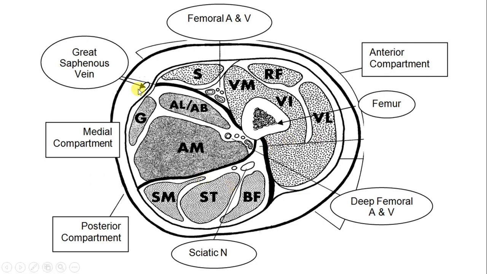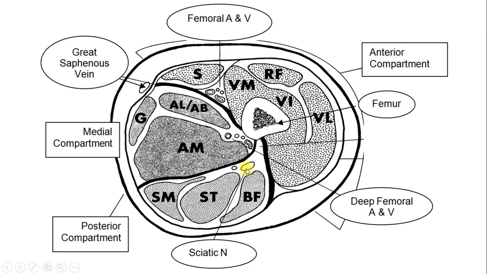In this transectional view, we see that the posterior compartment consists of SM, ST and BF muscles. SM is semimembranosus, ST is semitendinosus, and BF means the biceps femoris muscle, the same as the biceps brachii muscle in the upper limb.